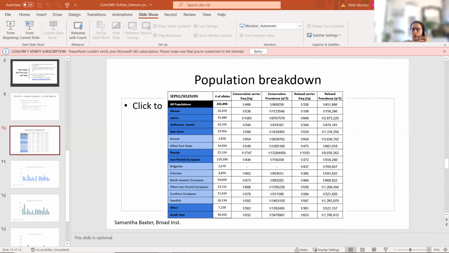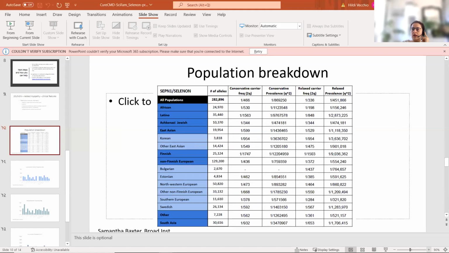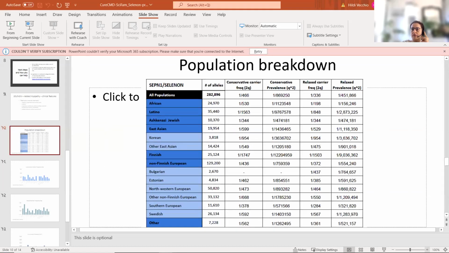So although we're certainly missing some of the milder cases, we're pretty confident that we're picking up most of the typical cases. And also we have this network of clinical diagnostic, genetic diagnostic labs that work together.